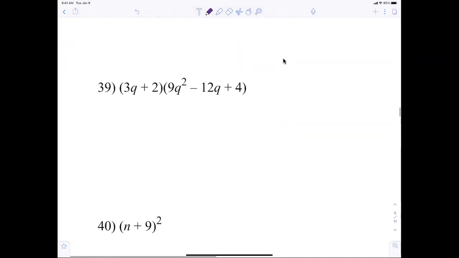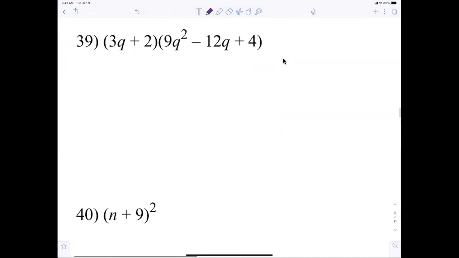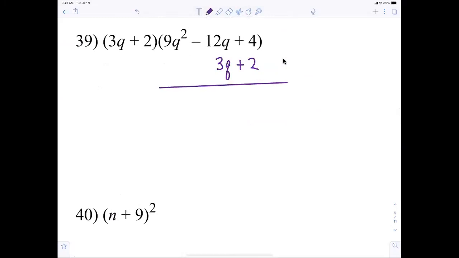All right, 39. This one's kind of annoying, so be careful. Positive 8, negative 24q, 18q squared. Anybody have any issues with that?